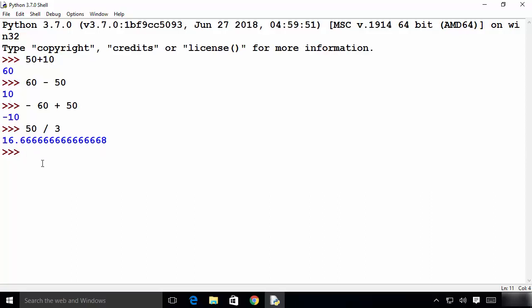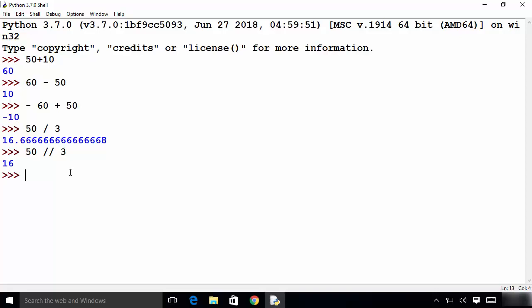If you want to get an integer value and not the decimal value out of the division, then you can write this expression, which is 50 // 3, and then press enter, and now you get 16, which is a whole number, or an integer.